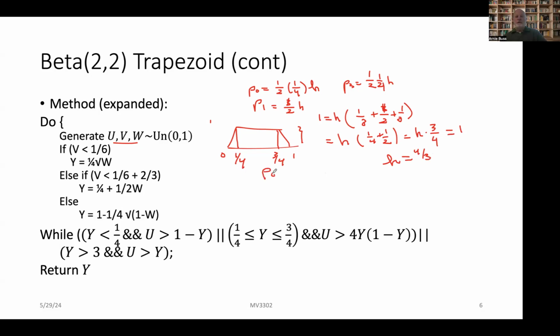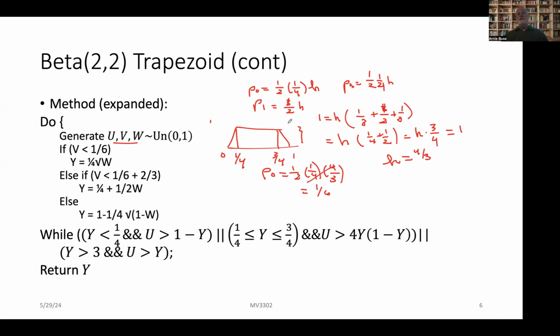So P0 is now 1/2 times 1/4 times 4/3, which is 1/6, and the rest. So that's why the scaling is important.